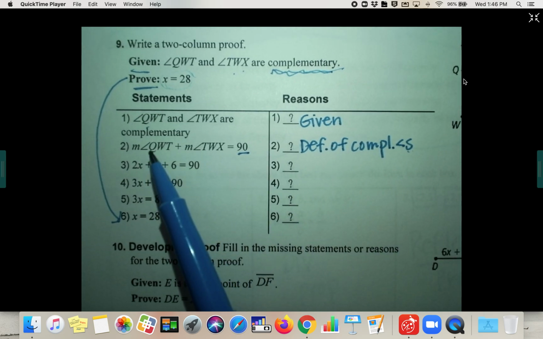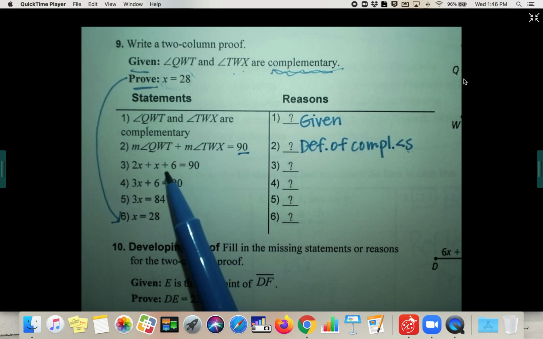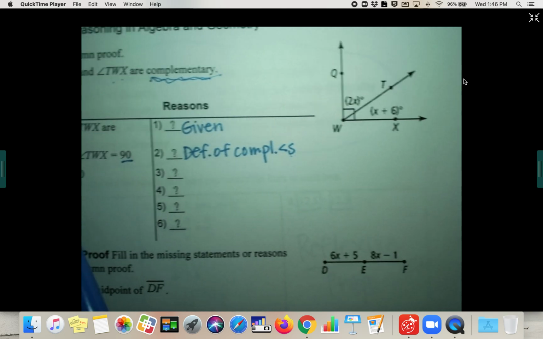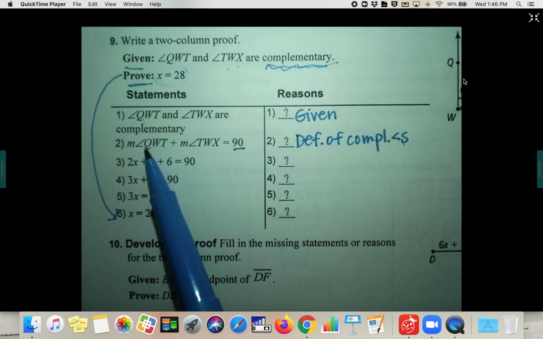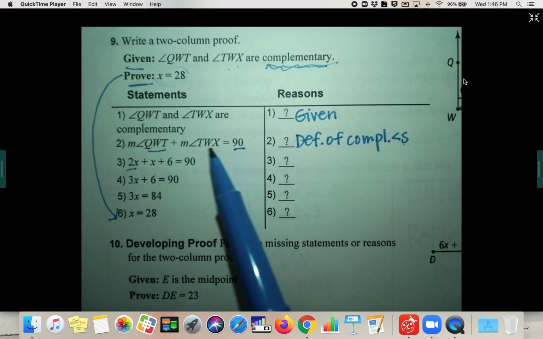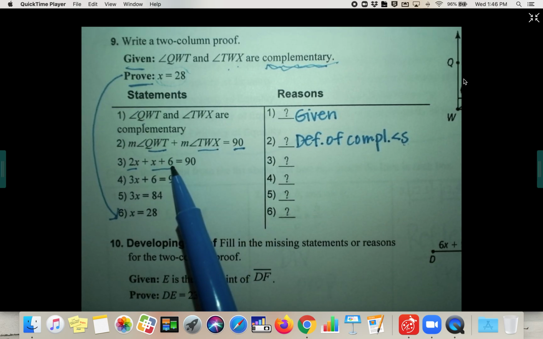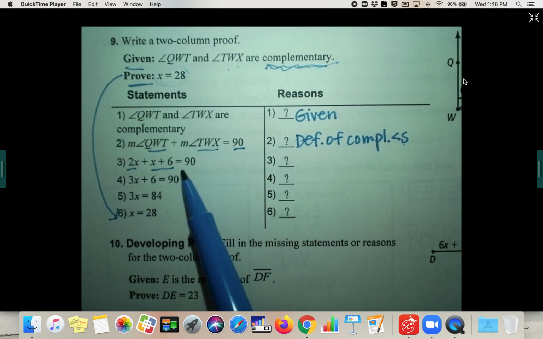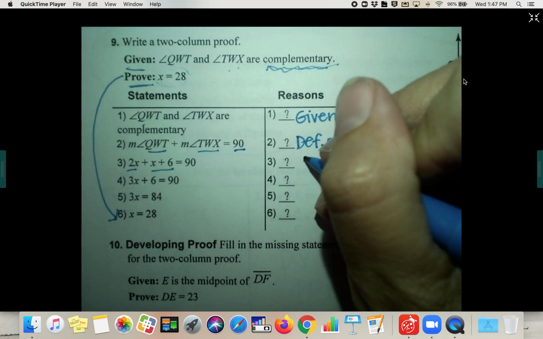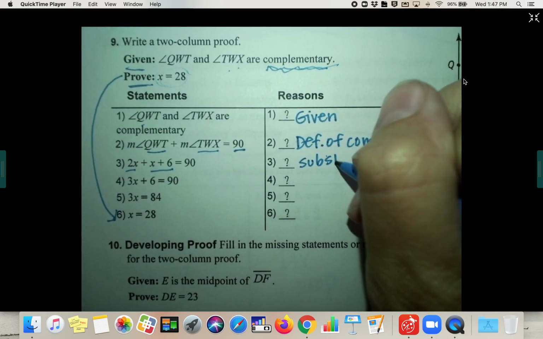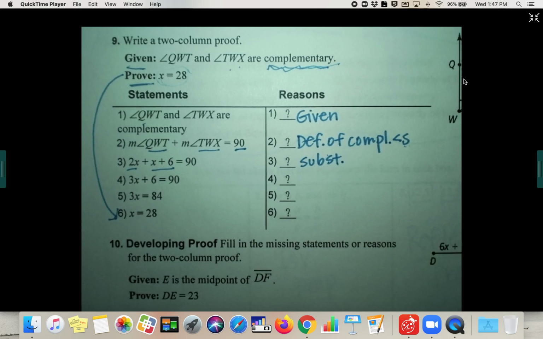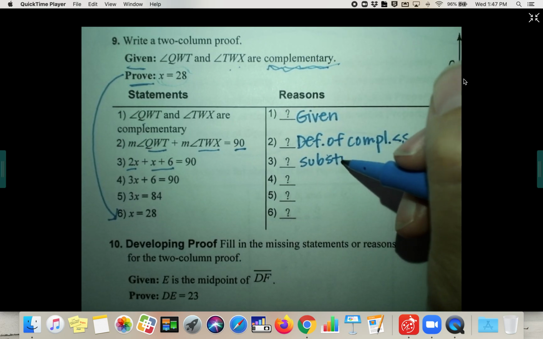Okay, then what did they do? They changed QWT to 2x, and they changed TWX to x plus 6. So what have they done here? They have substituted. So for this reason, it is substitution. I don't want it to look like subtraction.